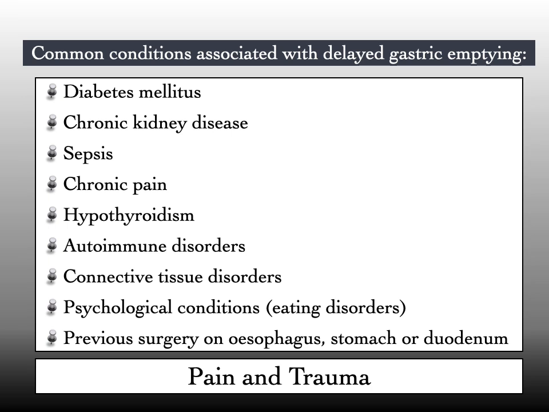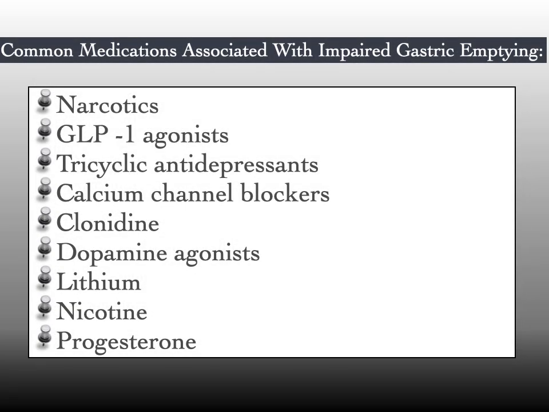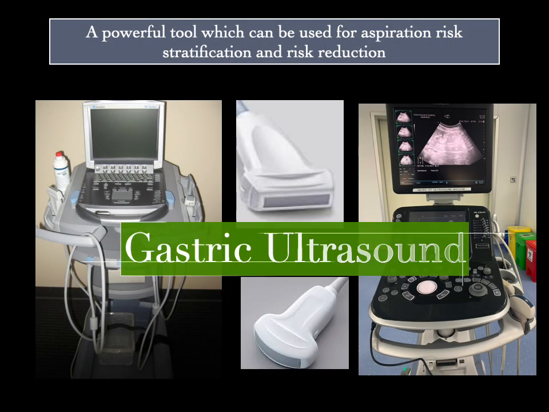Along with that, we have patients who come with pain and trauma, which delays the gastric emptying. If you thought that was enough, you can see these are all the various drugs which can cause delay in the gastric emptying. So a significant number of patients who come for anesthesia and surgery may still have contents in the stomach and can pose risk for aspiration.